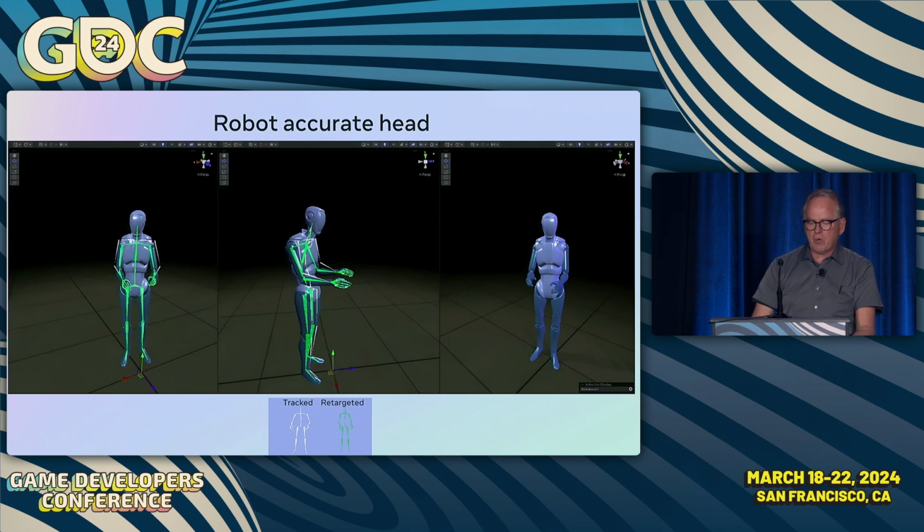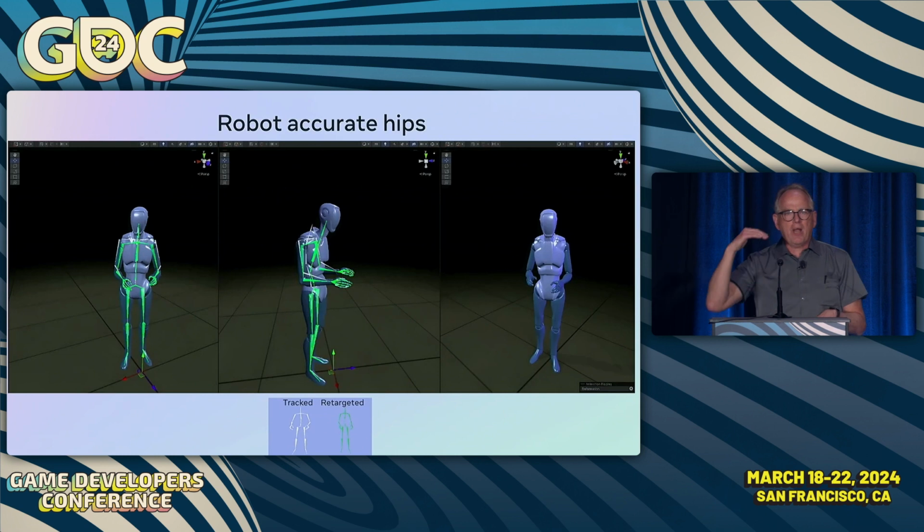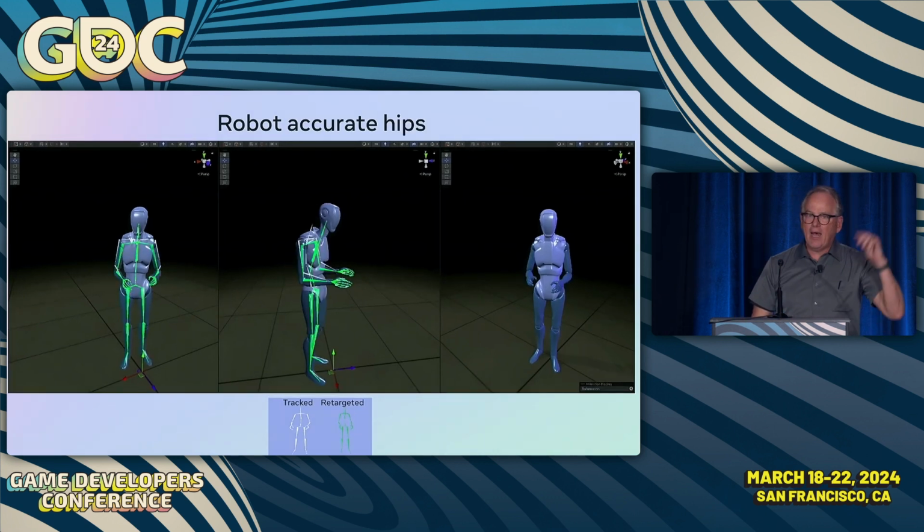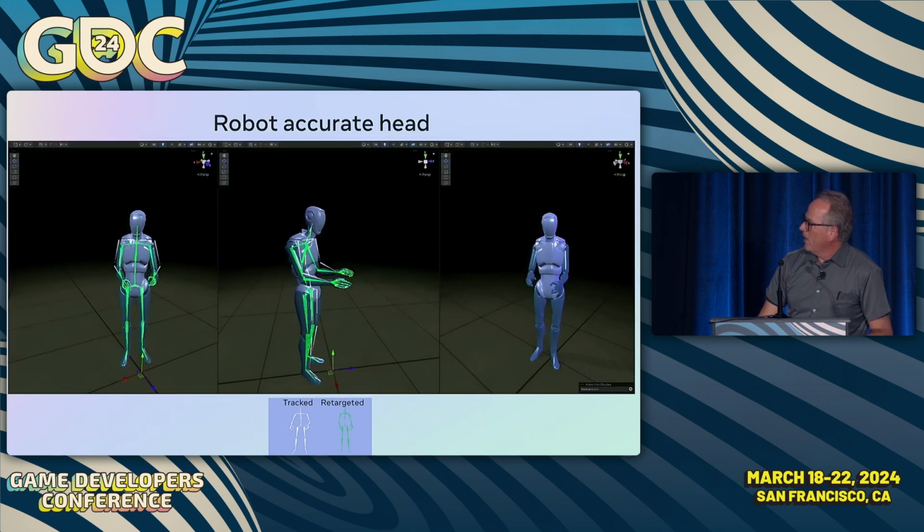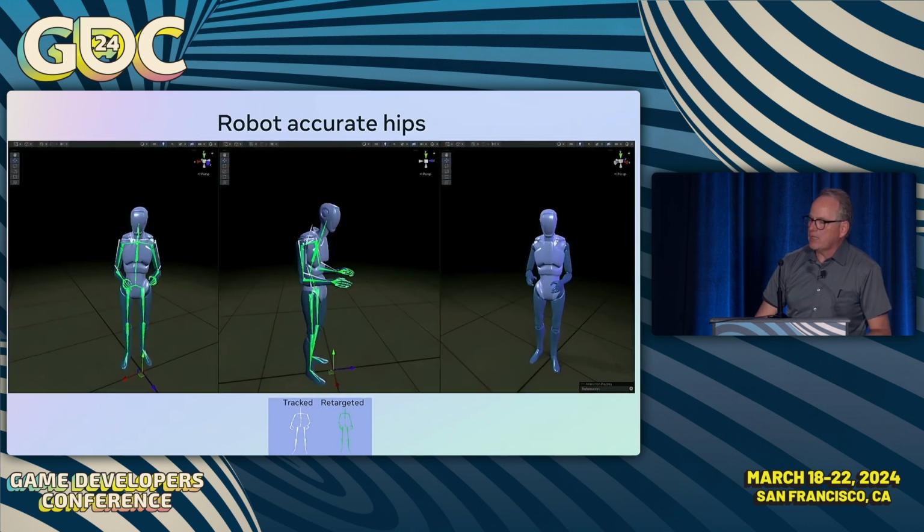In this one, the blue robot, same thing as before, has accurate head selected, and now hips. So head, hips, head, hips. What's interesting here is that because the actual height of that robot is about the same, you don't see a big difference in where the head height is, but you see a dramatic position change on the hips.